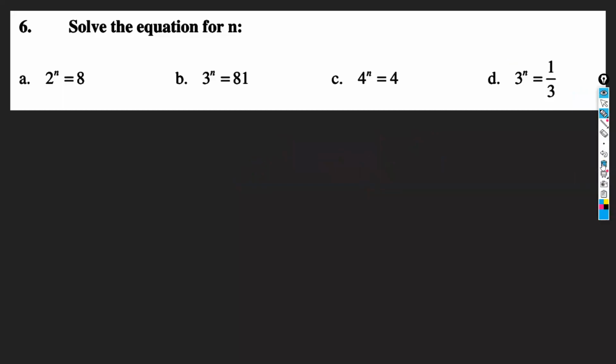For you to make the comparison, the 3 must be on top on both sides here. So it's 3 to the power n, but this 3 is underneath. But I'm not too sure if I went through this, right? Or I made it clear.